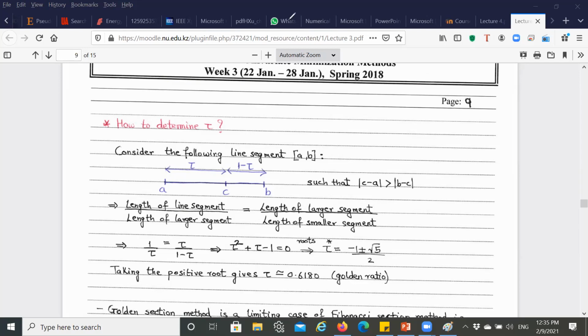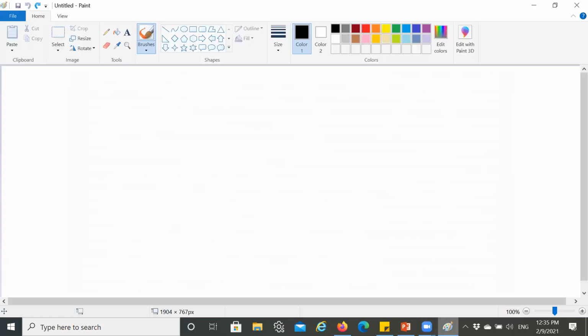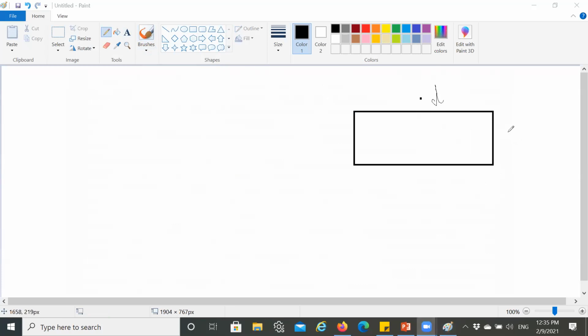So what they did is, this is your building. Say this is D, and this is B, the length and height.